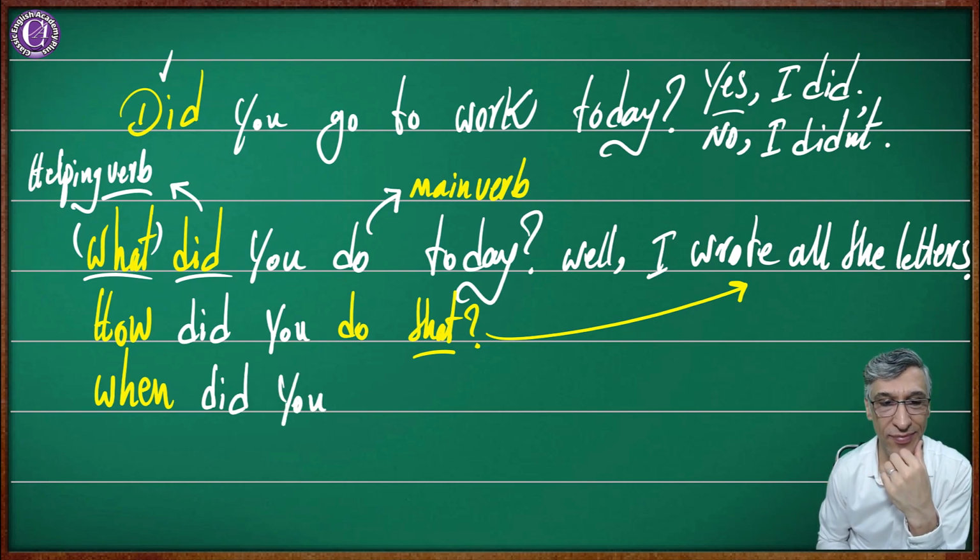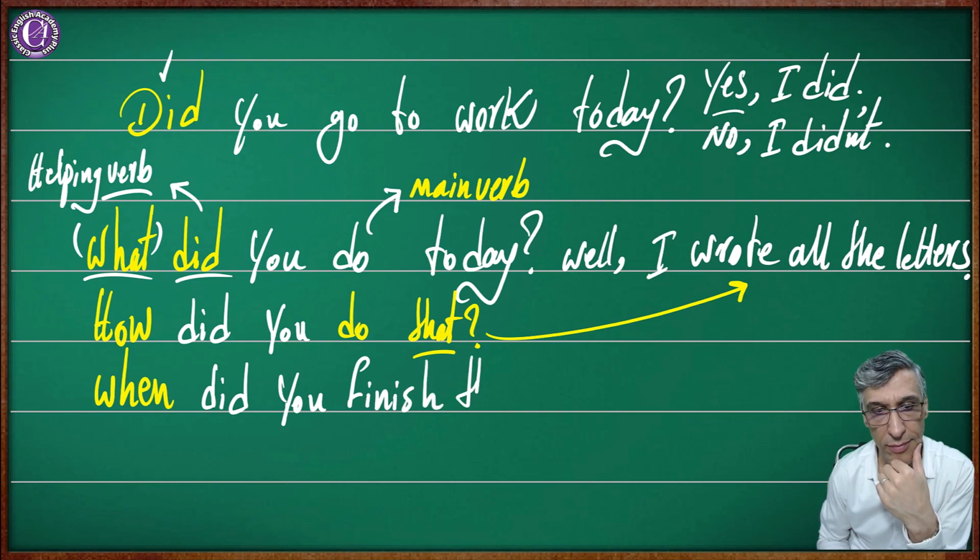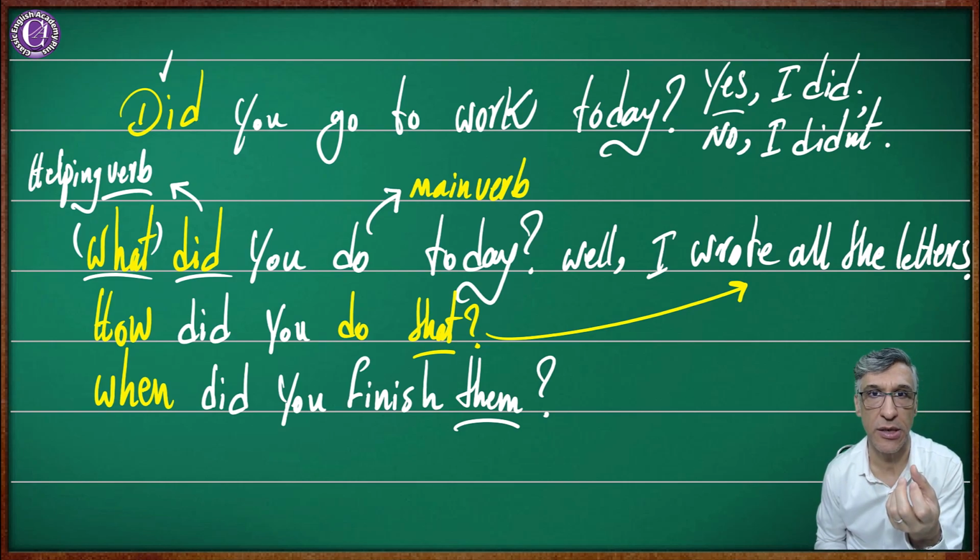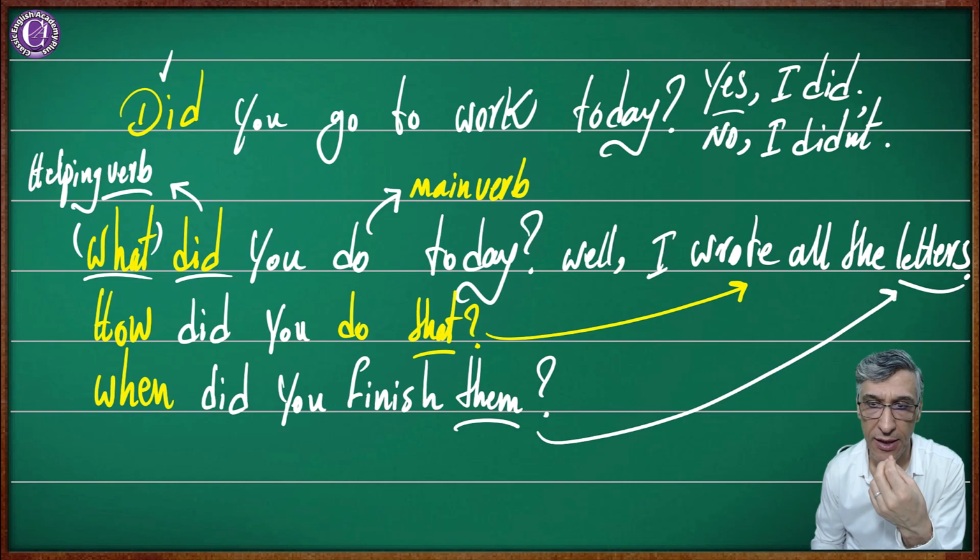When did you finish them? Okay, or the action of writing, or the letters. You can talk about both of them. Here, I just changed my mind to say letters. You can say, when did you finish it? Means writing the letters, the action of writing. You can say both of them.